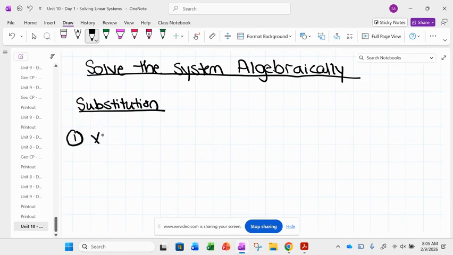So let's say I have x plus 2y equals 6. And the other equation is 4x minus 3y equals -9. When we're solving a system using substitution, you want to look at the two equations that you're given, and manipulate one of the equations to get one of the variables by itself, either x equals or y equals.